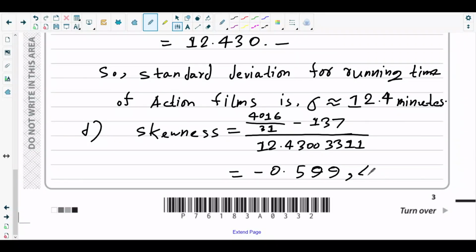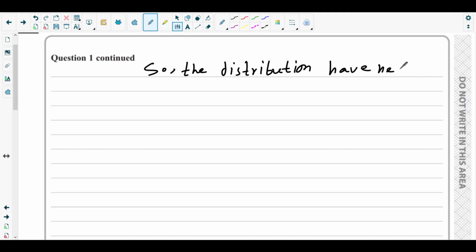It's less than 0, so we can make a deduction here that the distribution has negative skewness.